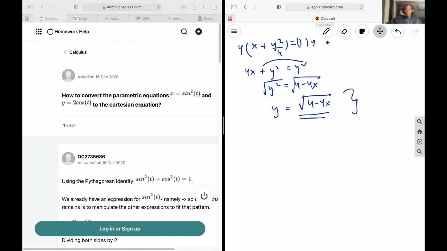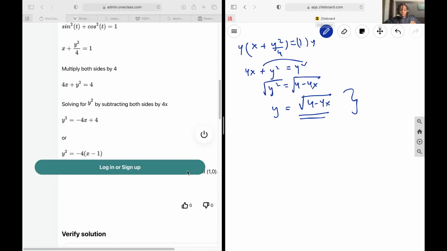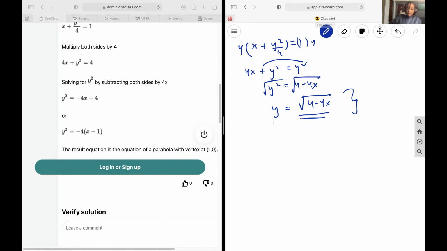If you want to better understand what it is describing, you can put it in the correct form. As I said, y squared is equal to 4 minus 4x, which can be written as negative 4x plus 4. We can take out the common factors, so it becomes negative 4 times x minus 1.